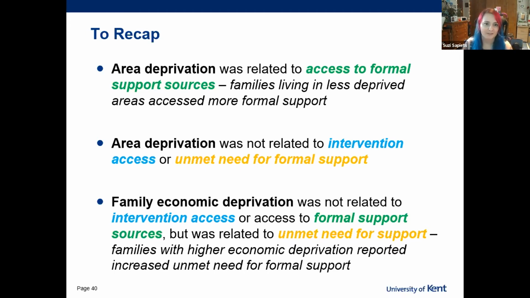On the other hand, family economic deprivation was not related to intervention access or formal support sources, but was related to unmet need for formal support. And families with higher economic deprivation, for example, those living in income poverty, subjective poverty, not able to raise money for a hypothetical emergency, and household unemployment, reported increased unmet need for formal support.